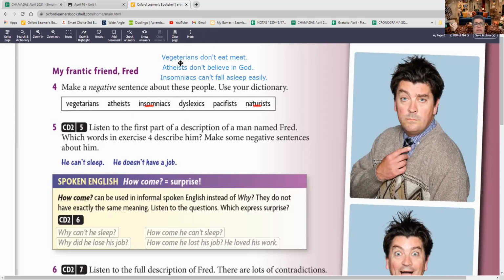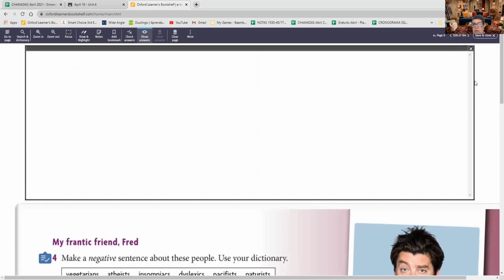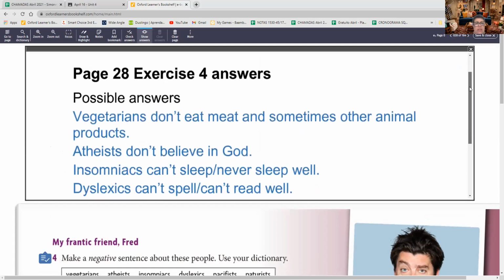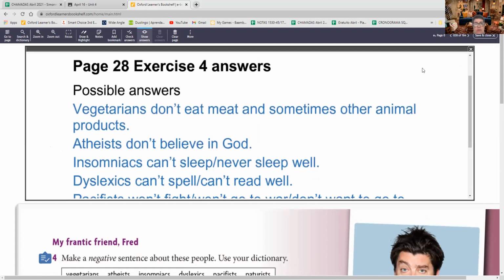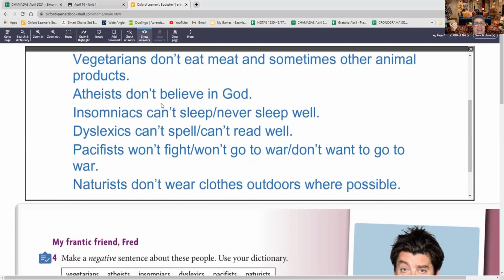So let me clear this. All right, let's go here. Check it out, people. If you want, you can print or copy. Look, these are only possible answers, okay? Vegetarians don't eat meat, like Lorena said, okay? Atheists don't believe in God.